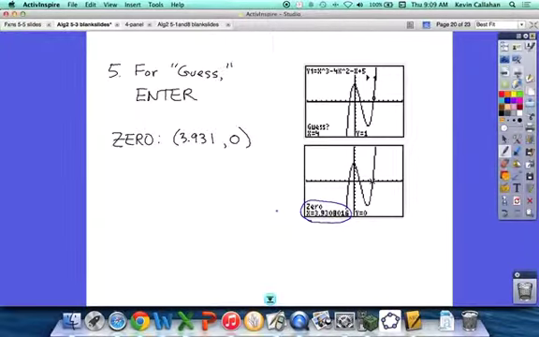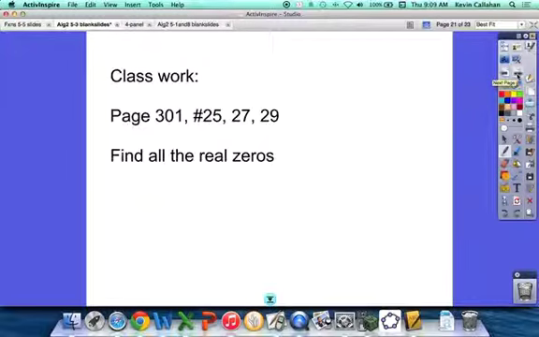So we're going to try these 3 in the book. And remember what we're finding here: the real zeros, not the imaginary. Real zeros show up as x-intercepts. Those are the only ones we can do this with. So 301, I'll put it up on the screen.